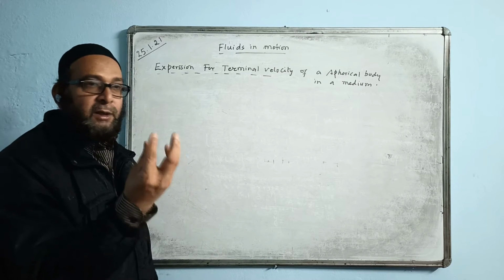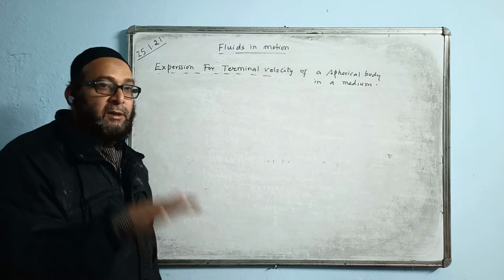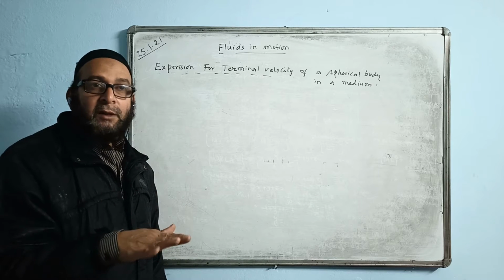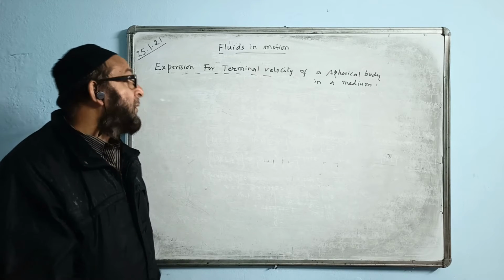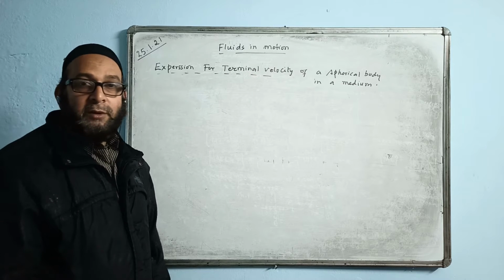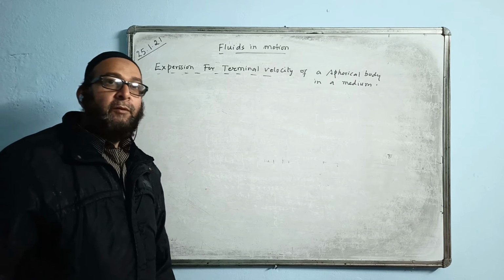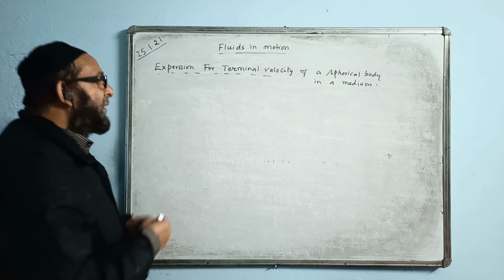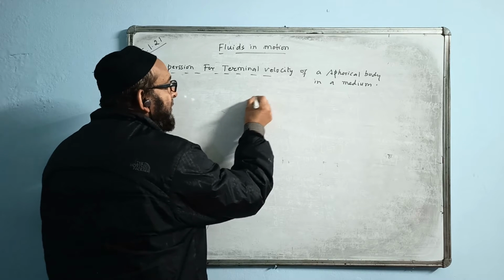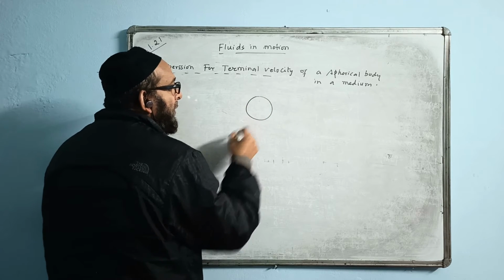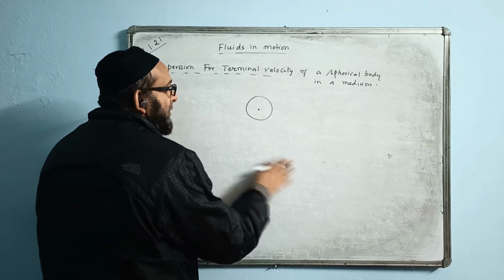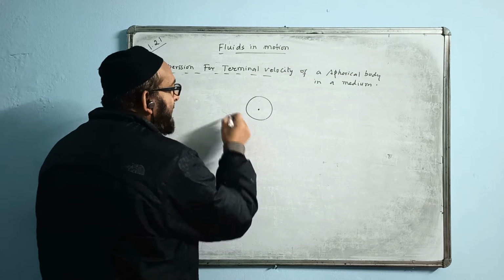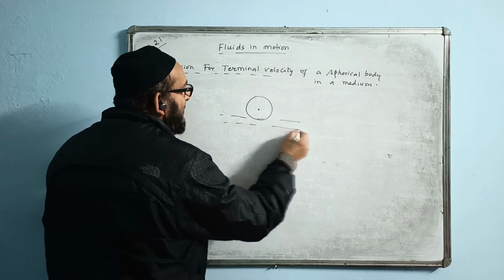Raindrops are spherical in shape. So the steady, constant velocity with which the raindrops fall down is known as terminal velocity, and we are going to find a formula for it. How to find the formula? Suppose we have a spherical drop like this, which is falling down in a medium. The medium can be air or some other medium.